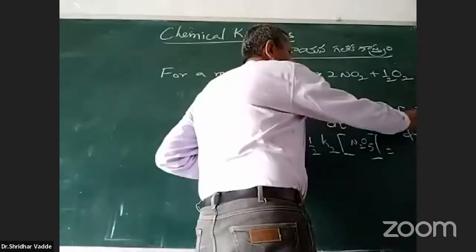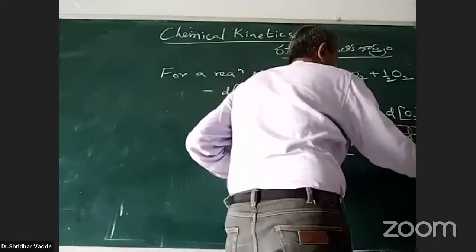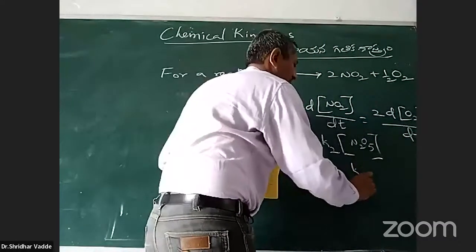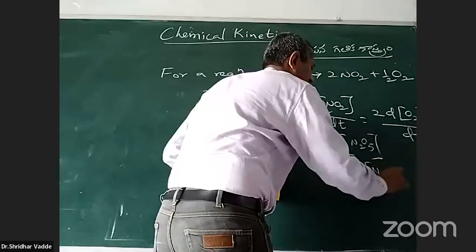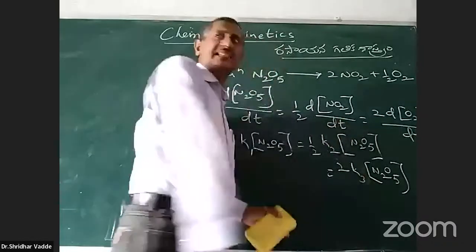And here d[O2] by dt is given as K3 into N2O5. This is given like this.